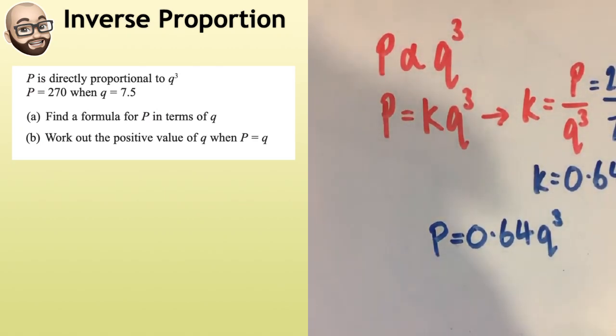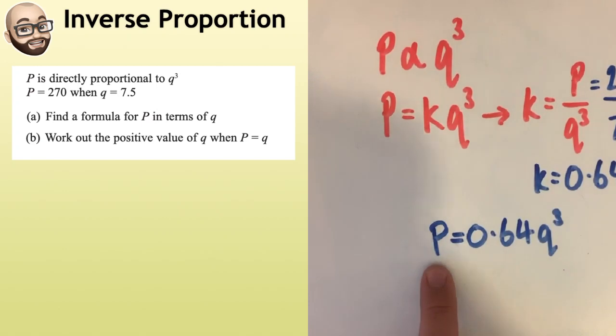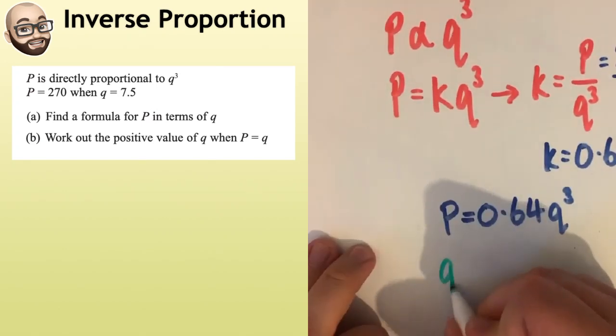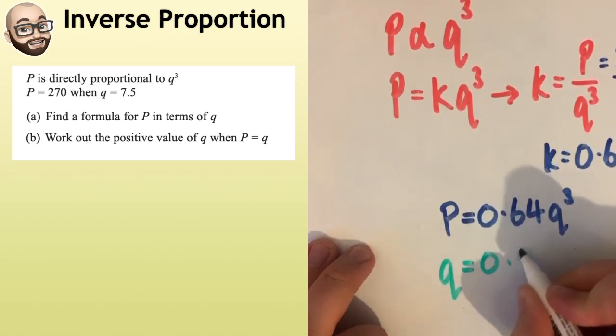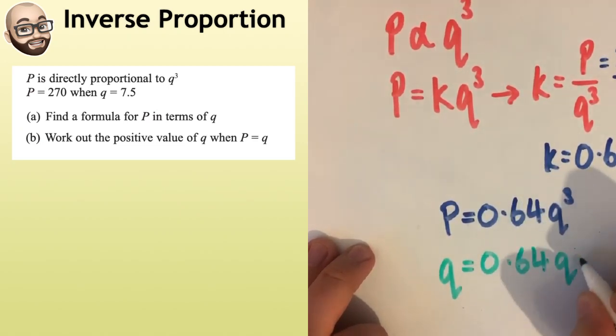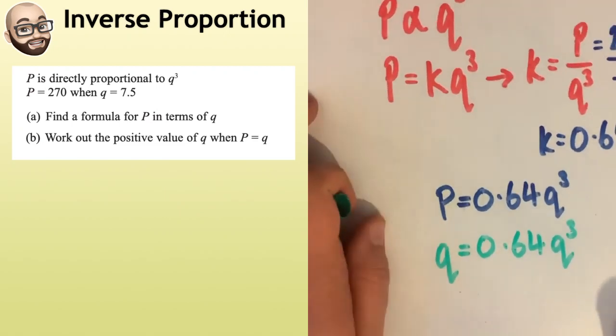Part B says work out the positive value of Q when P equals Q. So it's a bit of a different substitution to the one we've previously seen. This time we're going to substitute P for Q and see what on earth goes on here. So we get Q equals 0.64 Q squared... so Q cubed.